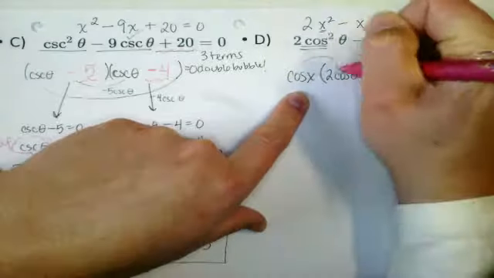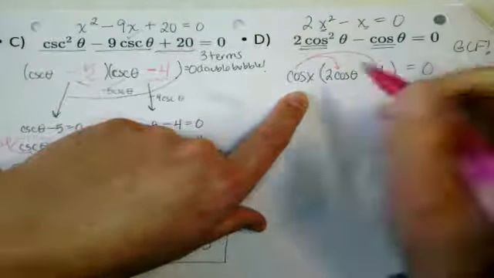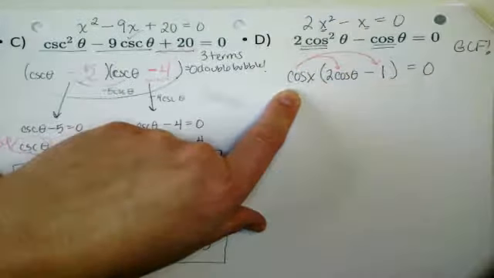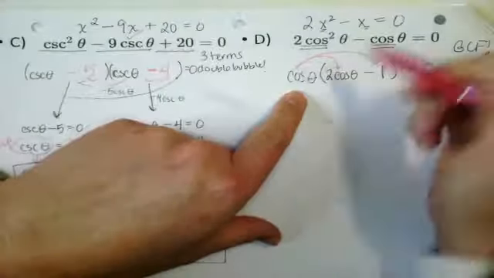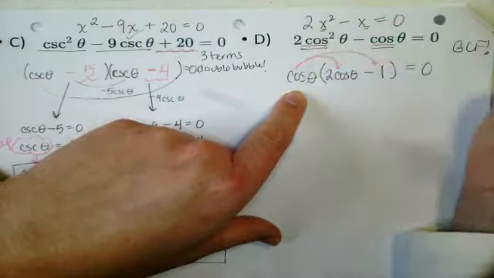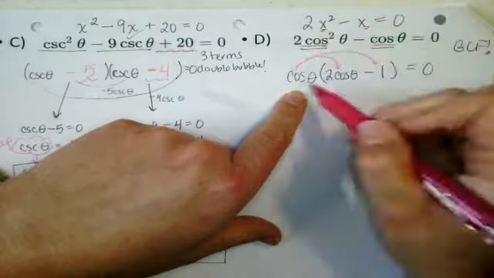So we can check by distributing. Cosine of theta times 2 cosine of theta would be 2 cosine squared theta. Cosine of theta times -1 would be negative cosine of theta. So you can always check by distributing.